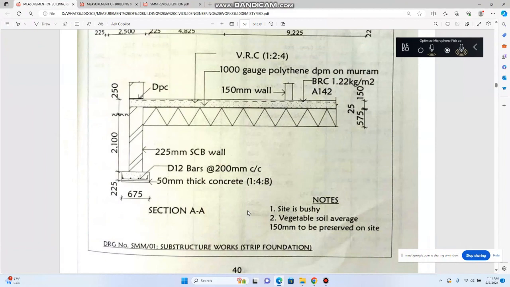We need the site offices, so we should clear the whole site. But the total area where the building does not occupy should only be priced in the preliminaries. The only area we should price in the substructure works is only where the building occupies. I hope you got that correct.